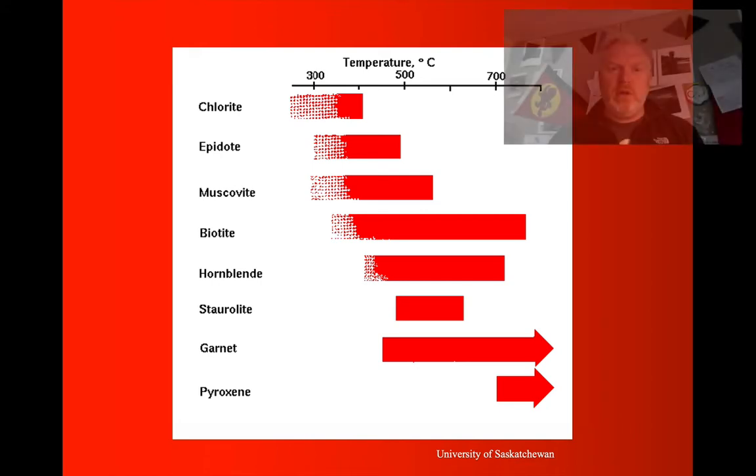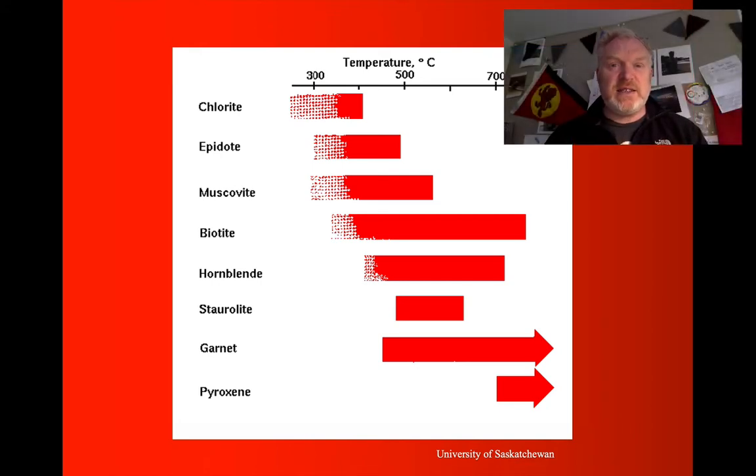Now, there are some distinctive metamorphic minerals. This is a list of some of them. And we can see that at different temperatures, we'll get different types of mineral growing. So at lowest temperatures, we'll find a mineral called chlorite. At highest temperatures, we get pyroxenes, which is another word for augite. But there's a progression of these minerals.